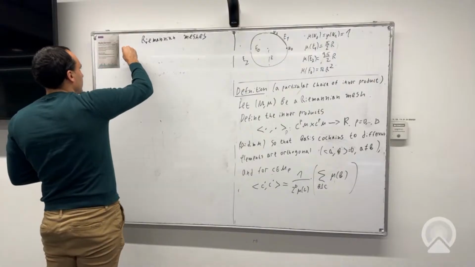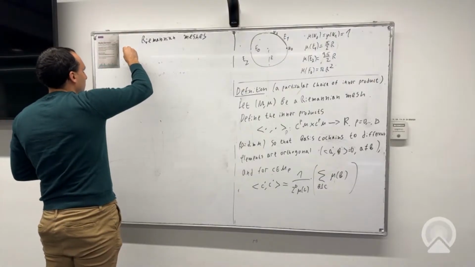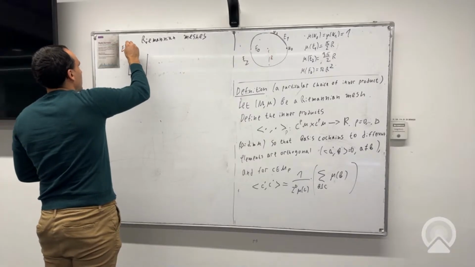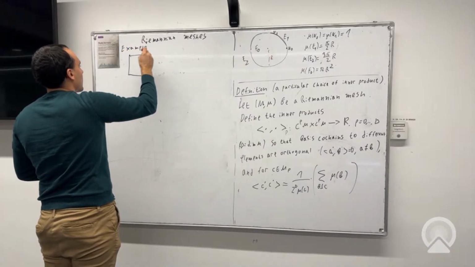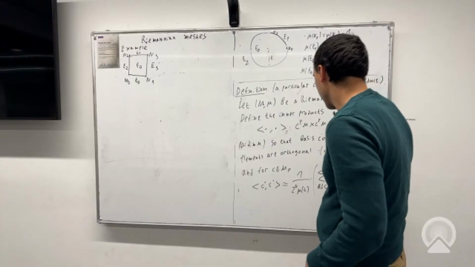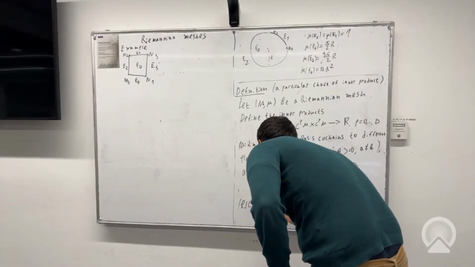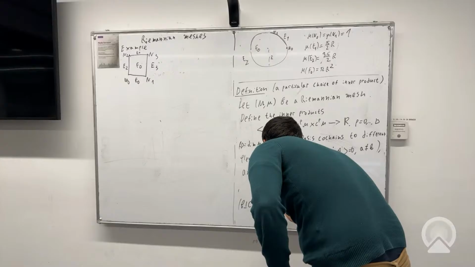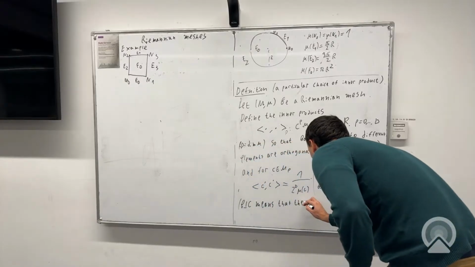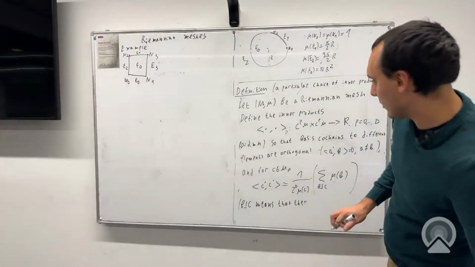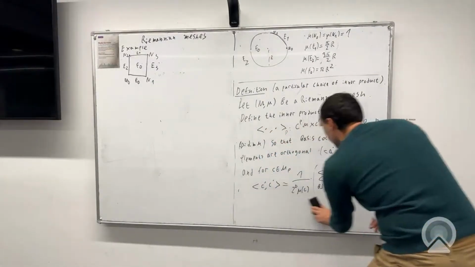Let's do a single square. This is an example. Here, B perpendicular C means that there exists... oh, this is the wrong definition. Sorry.